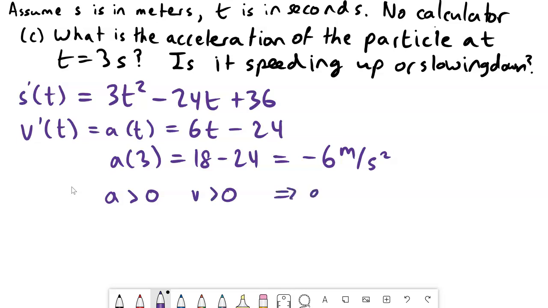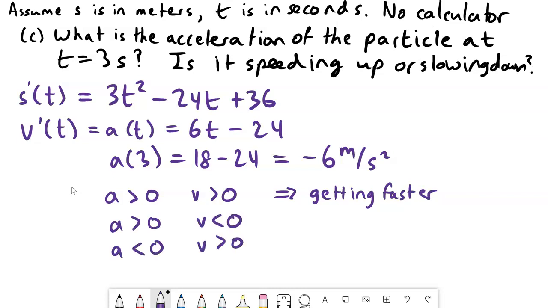This means getting faster. When they are in opposite signs, so there are two examples of this, right? These two are opposite signs, these two. So these two, getting slower.